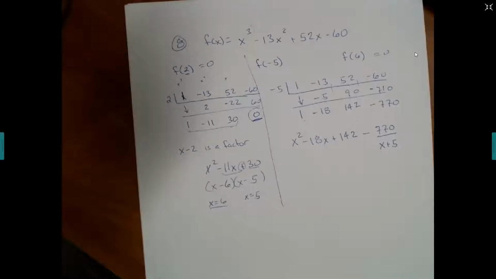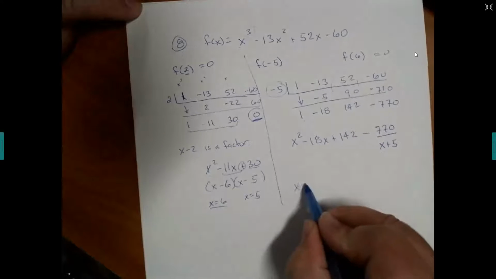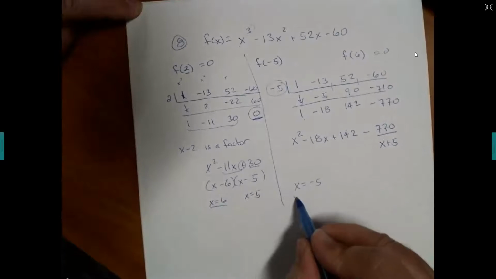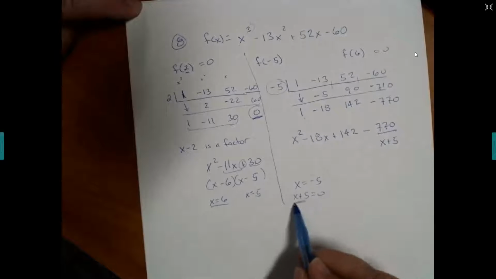Because remember, whatever's over here is your 0, x equals -5. So when we add it to both sides to get 0, that's your denominator.